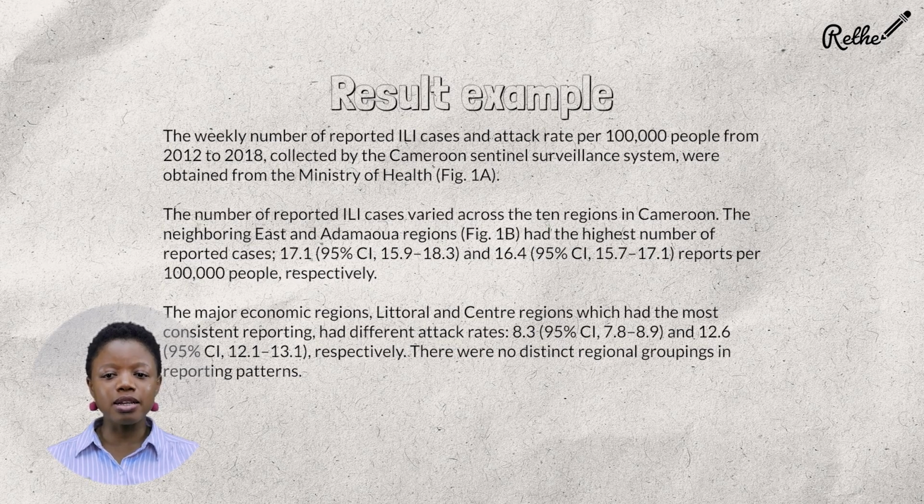The neighboring East and Adamawa regions had the highest number of reported cases, 17.1 and 16.4 reports per 100,000 people respectively. The major economic regions, Littoral and Center regions, which had the most consistent reporting, had different attack rates, 8.3 and 12.6 respectively. There were no distinct regional groupings in reporting patterns.